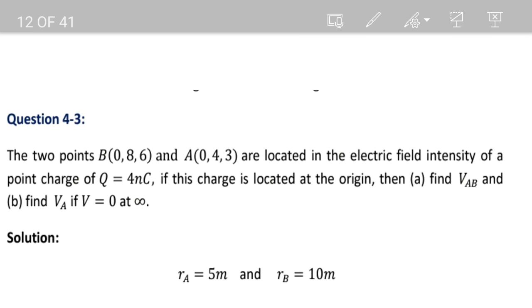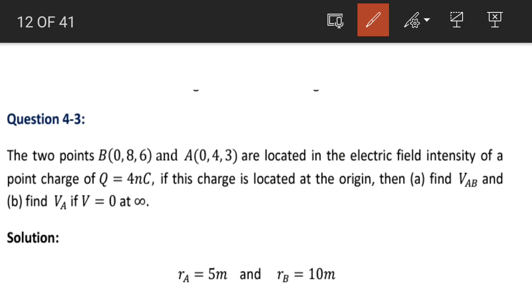Okay. We consider 2 points. Point B, which is (0, 8, 6), and point A, which is (0, 4, 3), are located in the electric field intensity of a point charge. So these 2 points are located in the electric field intensity of a point charge, and the magnitude of the charge is 4 nanocoulomb.